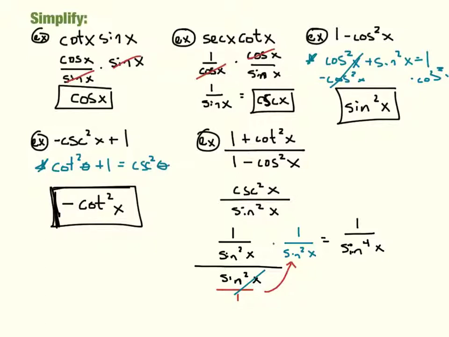So I don't want to have a fraction in my answer. 1 over sine to the 4th, that's the same thing as cosecant to the 4th x. And that'll wrap it up as far as simplifying trig expressions using trig identities.